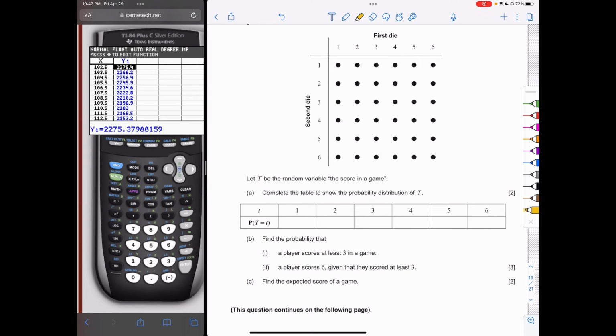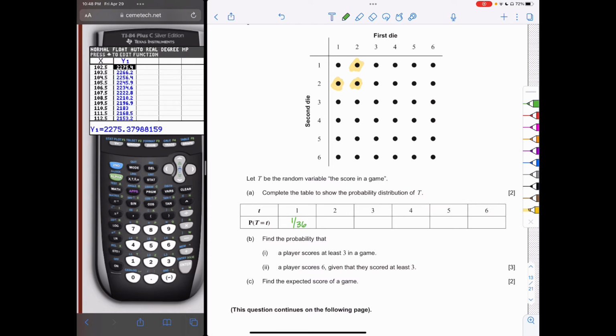So the probability that you're going to get 1 point is if you roll a 1 and a 1. So that's only 1 out of 36 ways. All right. So the next one, we're going to have the probability that you're going to get a 2. The only way that you're going to get a 2 is if you roll a 2 and a 1, or a 1 and a 2, or you can roll a 2 and a 2.